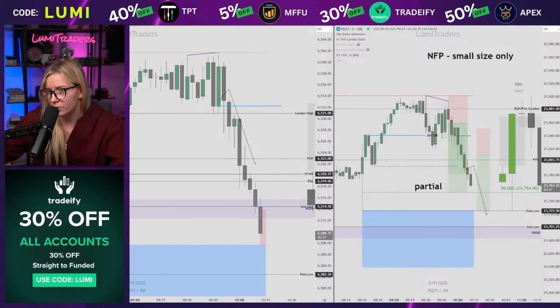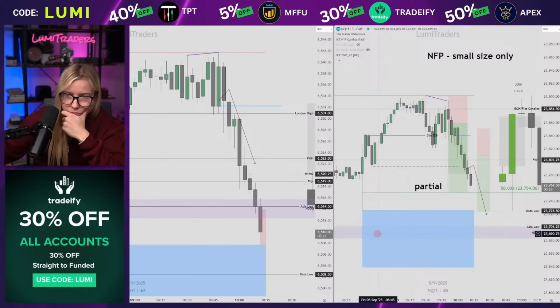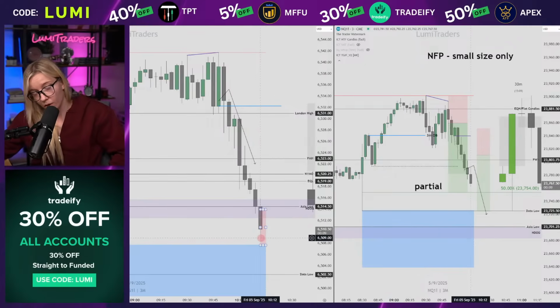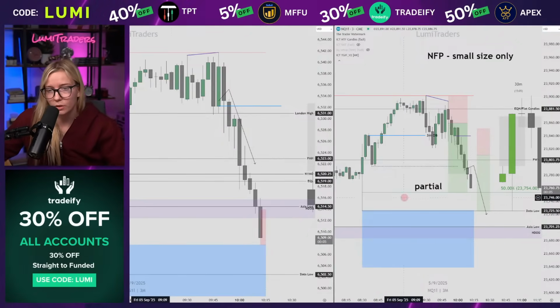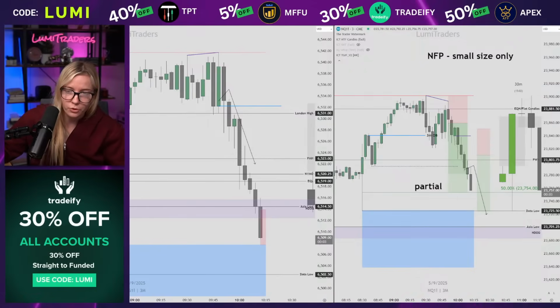I'm going to trail my stop loss right now. I like this move up, move down on ES. I'm trailing stop loss right now in small profit.